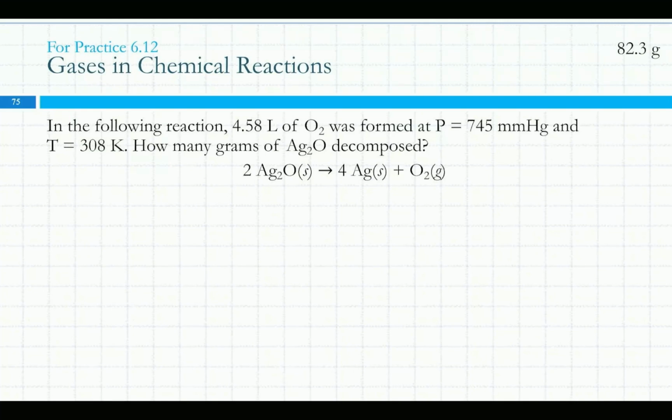What I'm looking for is that they give us two different things in this reaction that they give us numbers for. Basically, they say, here's an amount of oxygen, liters, we've got a pressure and temperature, find grams of silver oxide. The only way I can do that is if I have a balanced chemical equation that relates those two amounts. Yes, it's a decomposition reaction. Yes, having a balanced chemical equation is a hint at that.